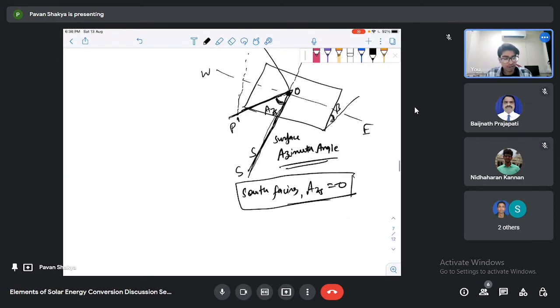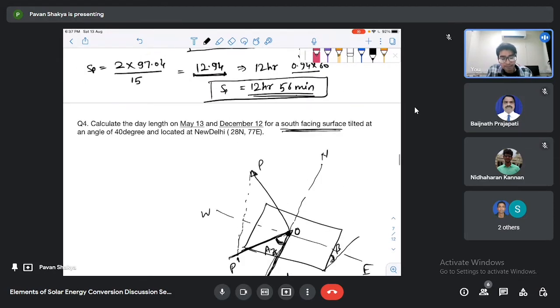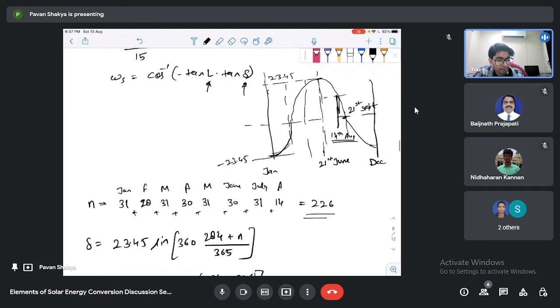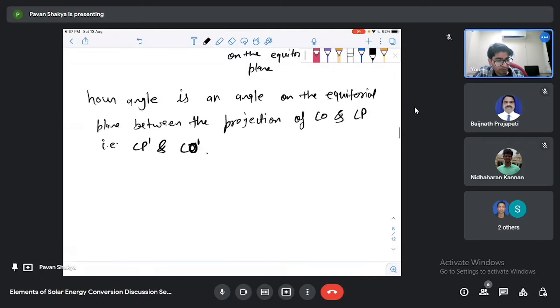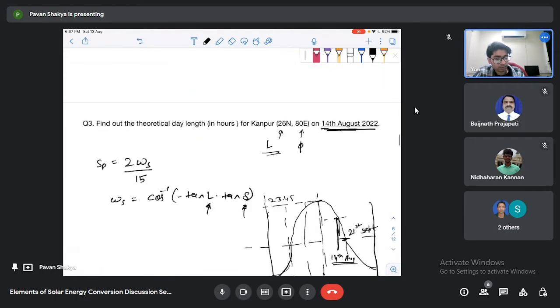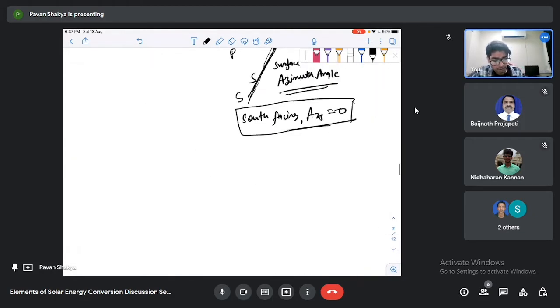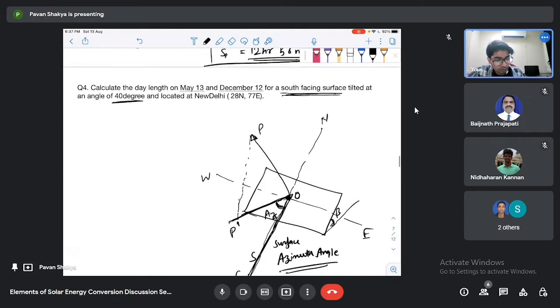Okay, so now move to the problem. It is given that it is tilted at an angle of 40 degrees. In the above problem, we have seen the formula. I think I should write this again, the formula for the day length.